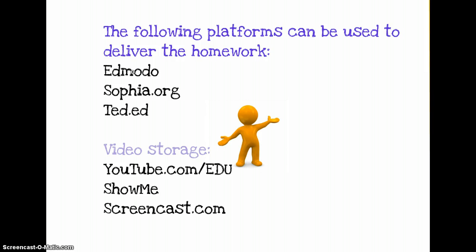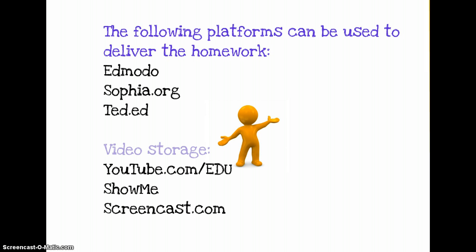So you might even deliver the video or the homework just by a simple URL, a link that you send to your students. And of course, we have to know how to store our videos, because if you give your students a link, where are the videos stored? We're going to store them on youtube.com/education. It's supposed to not be blocked from us.